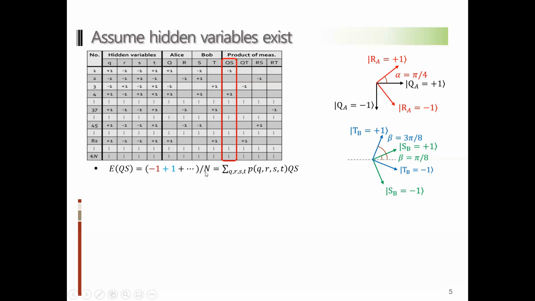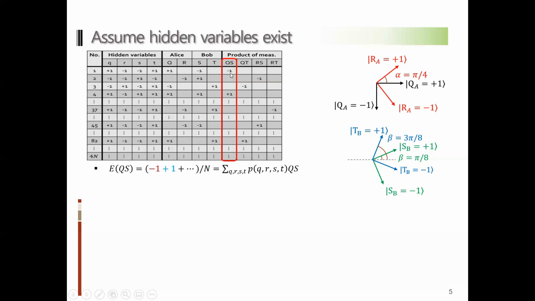So I will simply assume that we try this test so many times. So on average, for the QS case, we will have roughly n. So this is a formula for the expectation value.